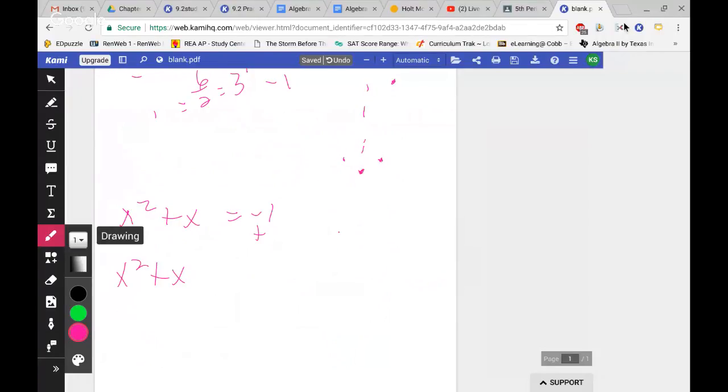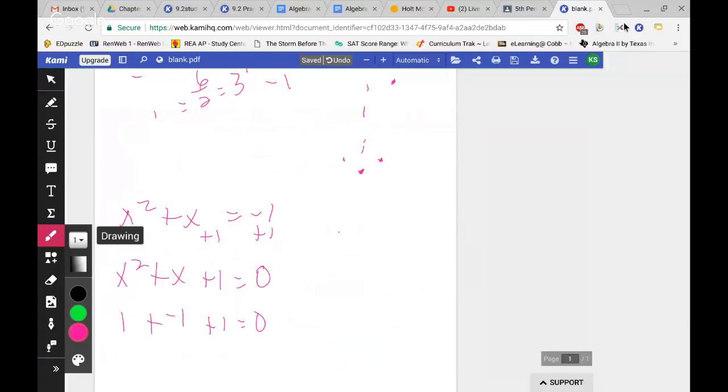So I'm going to add 1 to both sides. Like that. So what values can I plug in here? If I plugged in a negative 1, I think it works. Right? If I do negative 1, that's 1 plus a negative 1. That's 0 plus 1. Nope, doesn't work.